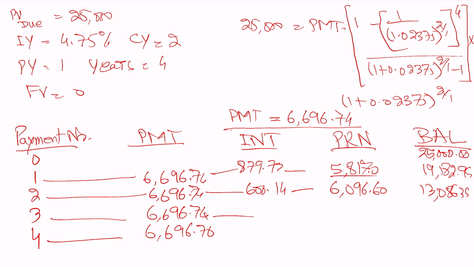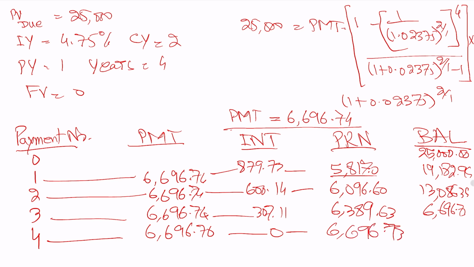Apply the same formula with this balance, so we get an interest of 11 and 6,389.63, and the balance is 6,696.73. So finally we are getting this. Here the interest is 0, because this is finally the payment which is left over, and the whole amount is.